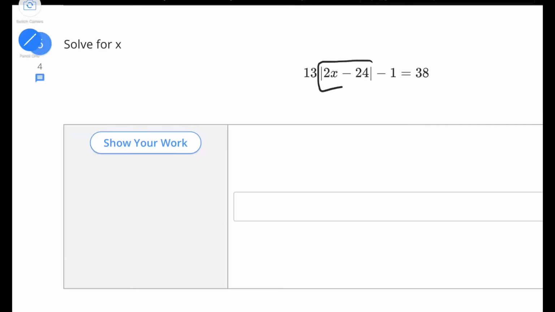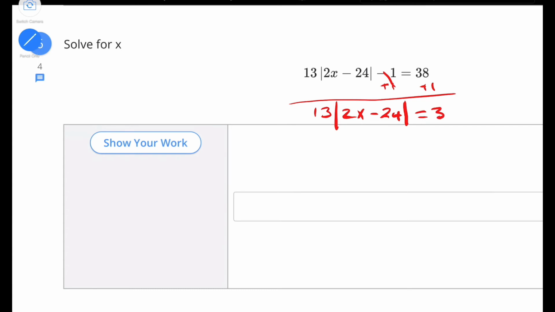Again, we have to get that by itself first before we decide whether we're going to solve for it or not. All right, so plus 1, plus 1. So we have 13 times the absolute value of 2x minus 24 equals 39.